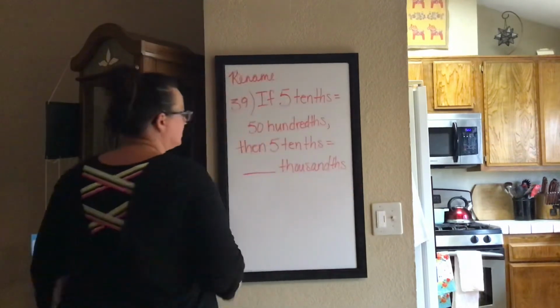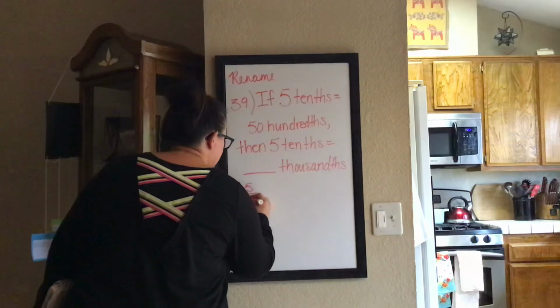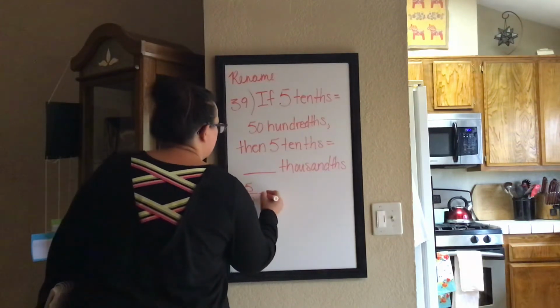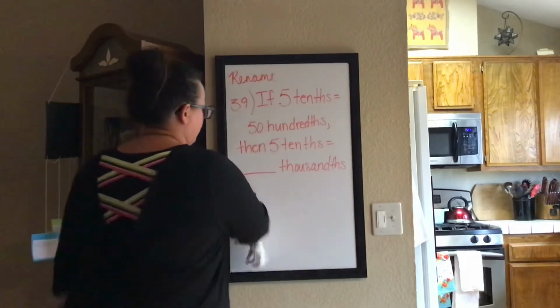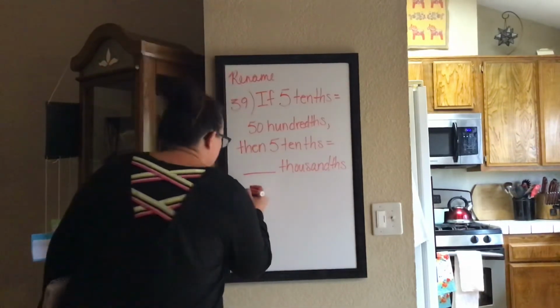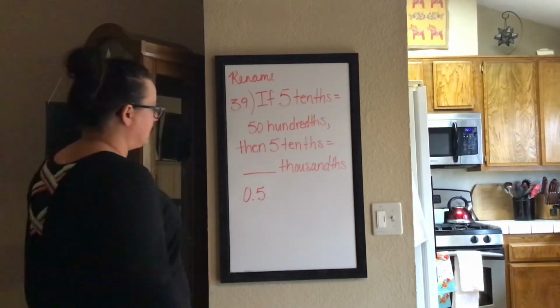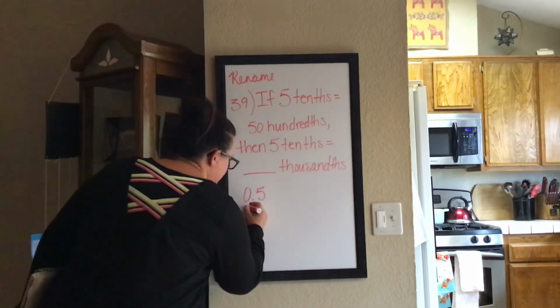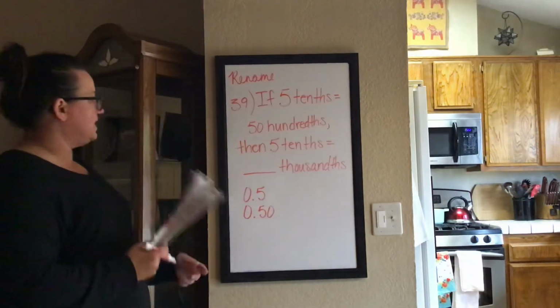All right, so let's write this out in fraction form. 5/10 equals, wait, no, I don't want to do it like that. I want to do it decimal form. Sorry, guys. I have 5/10, right? That's the same thing as 50 hundredths.